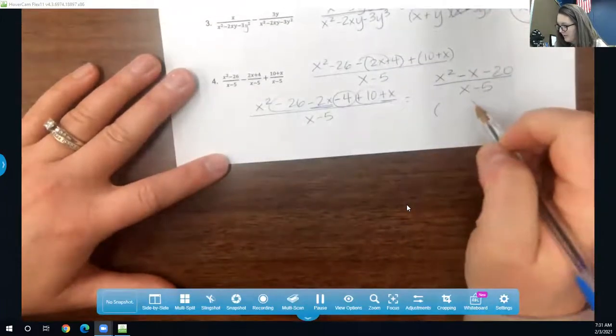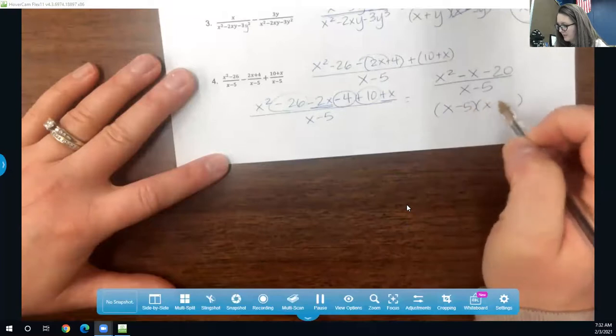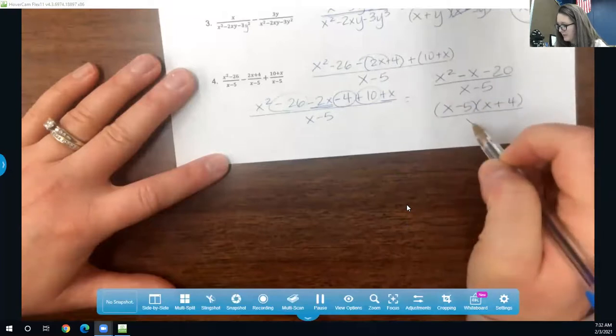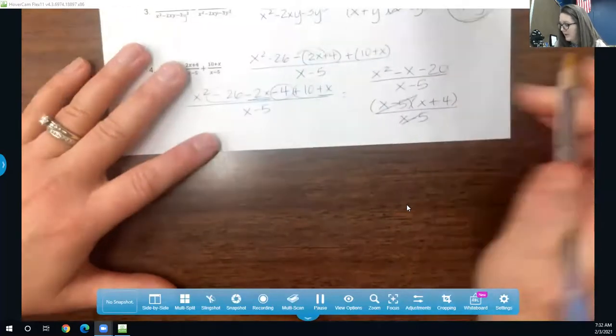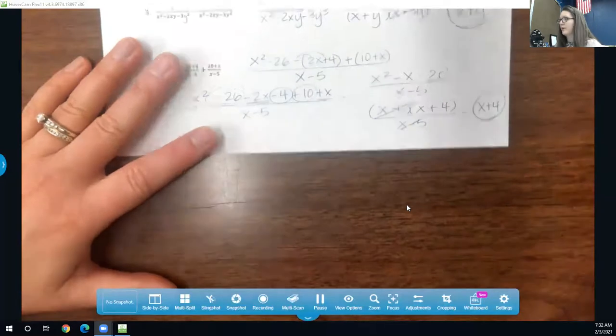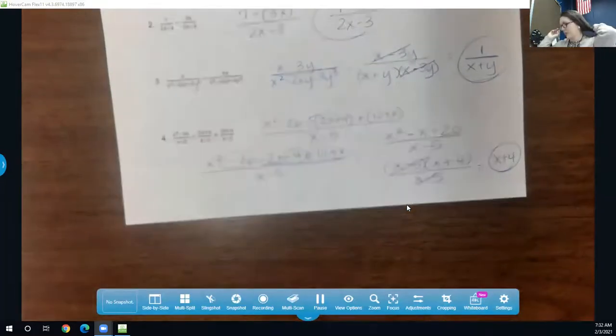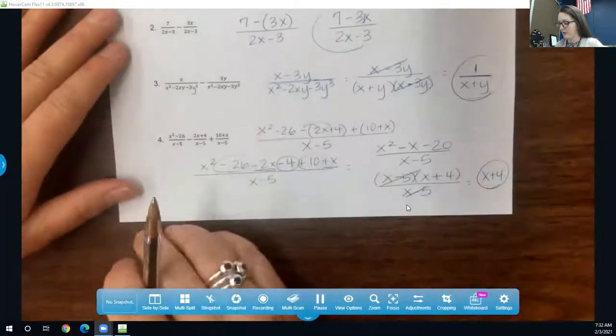Looks like I can, probably a 5 and a 4, right? So if I do x minus 5, x plus 4, that's just fantastic for the denominator. So I can cancel here, and I can write it as x plus 4. I don't need to write over 1 because we know that that's just a whole number there. So that's your simplified form. Not too shabby.